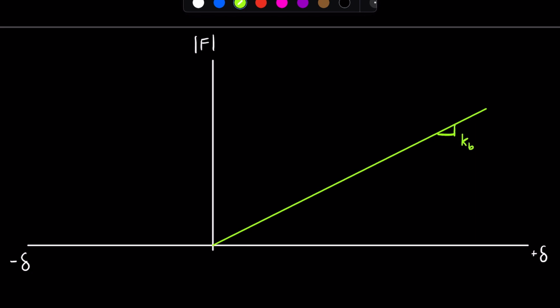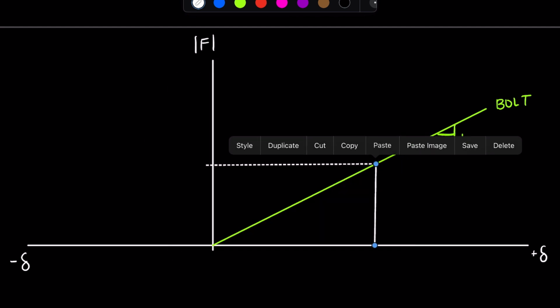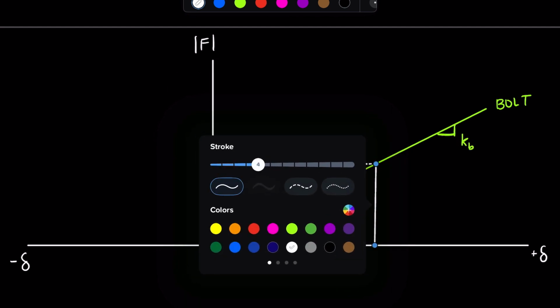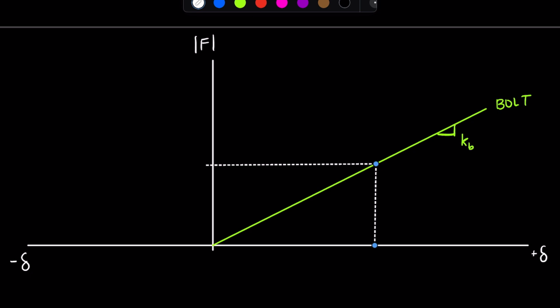So this is the stiffness of the bolt that we worked out in our first video on bolted joint analysis. And when we reach our preload, we have an elongation of the bolt equal to delta B. That's the elongation we were talking about in the beginning of the video.